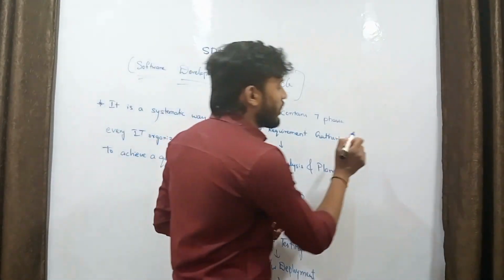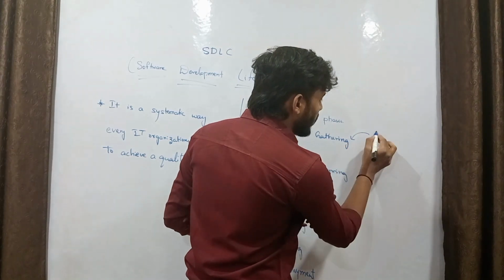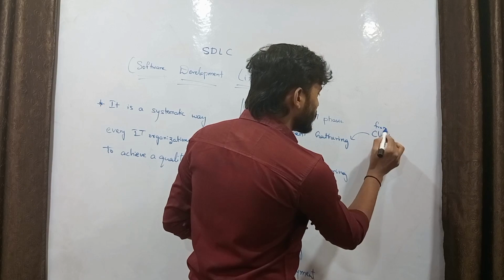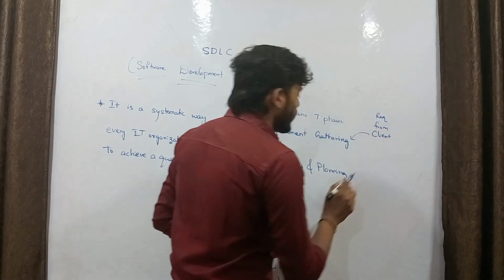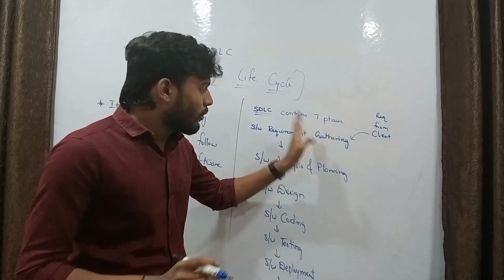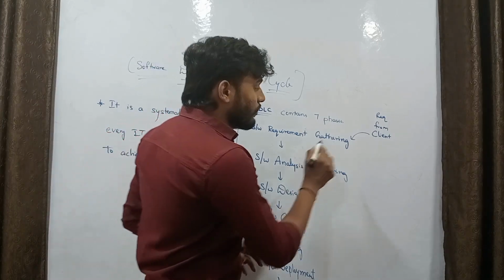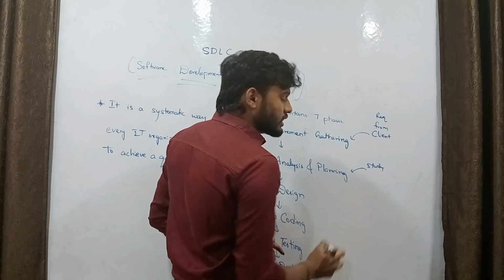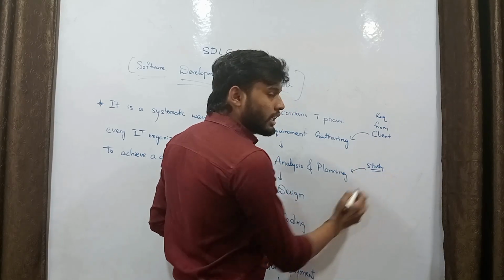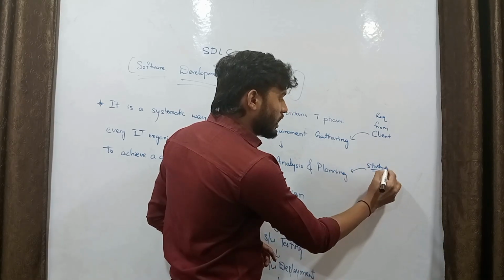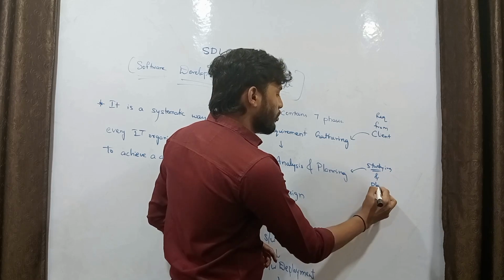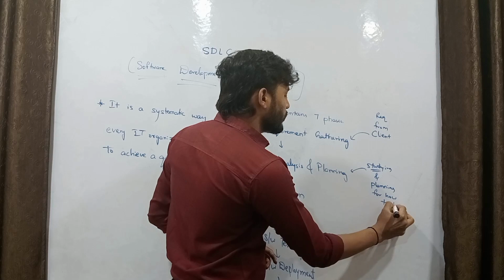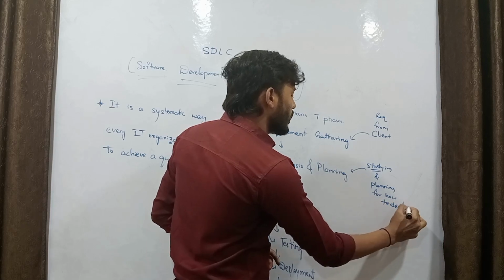Software requirement gathering means here we are getting the requirements from the client, and once we get the requirements from the client, we are going to study the requirements and plan for how to develop.